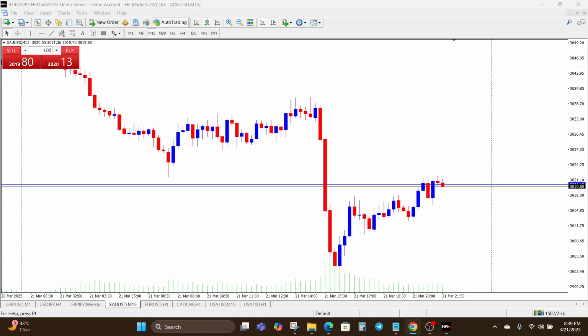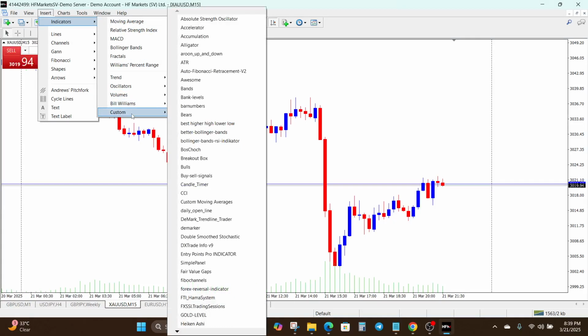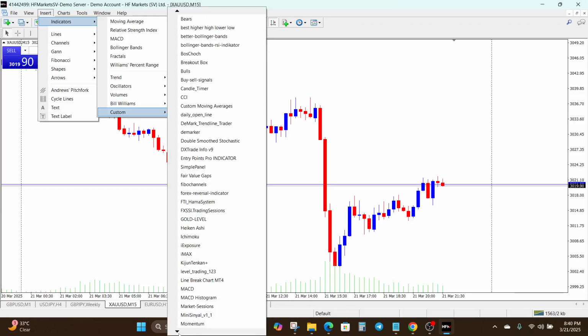Okay, so I'm going to add the indicator to the chart right now, the support and resistance breakout arrows indicator.